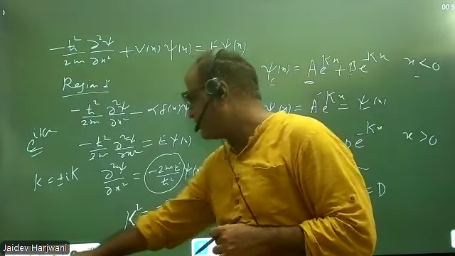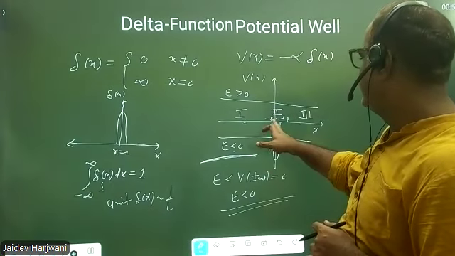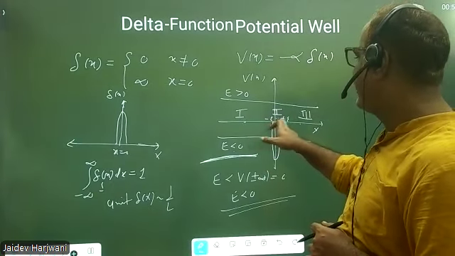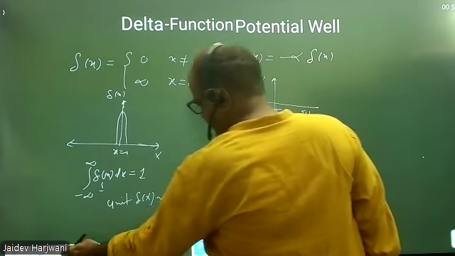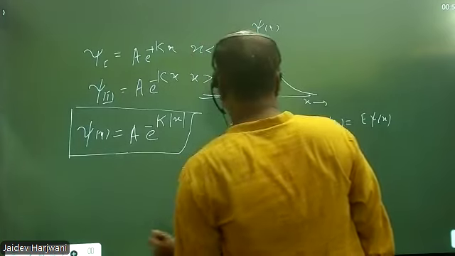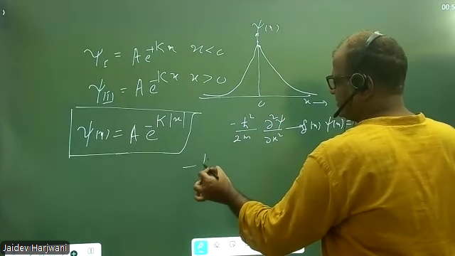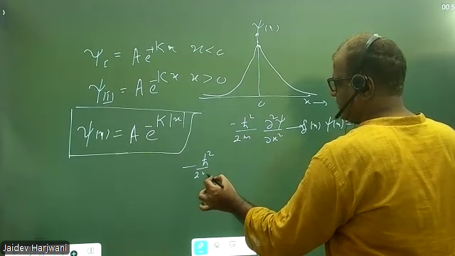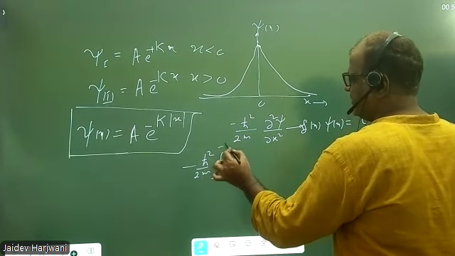We define a region, the second region, from minus ε to plus ε. So let us integrate this equation: minus ħ² over 2m, integral from minus ε to plus ε.